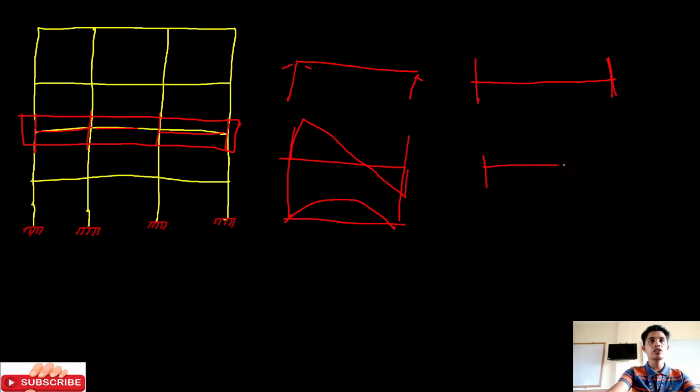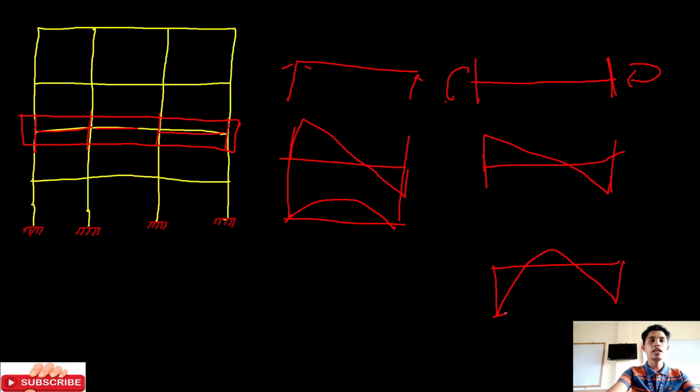So ang kanyang shear, ganun din. Ang kanyang magiging moment diagram, since fixed yan, meron tayo dito negative moment, and ganun din sa kabila, meron tayong negative moment. So ang kanyang magiging shear moment diagram, negative, then ganyan. So yung negative moment, ito yung positive moment.